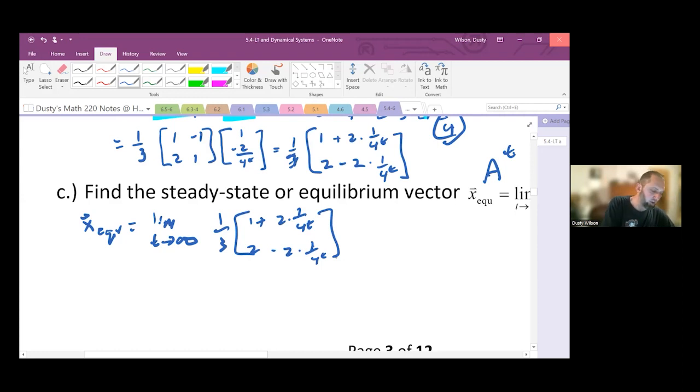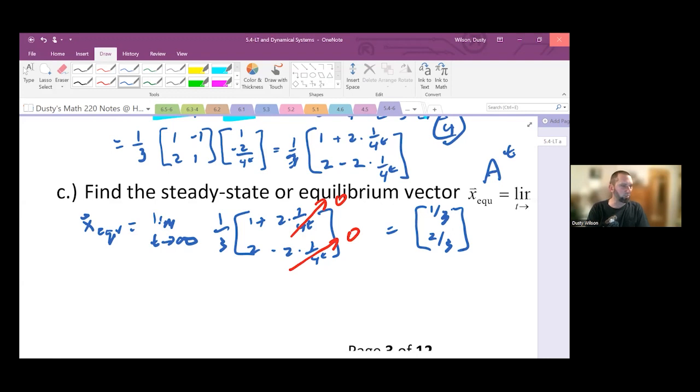And shockingly enough, the 1 over 4 to the t terms go to 0, and we're left with just [1/3, 2/3]. Notice that the sum of the components still adds up to 1 because this is a transition matrix. All the columns sum to 1.